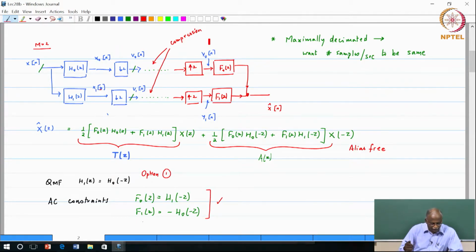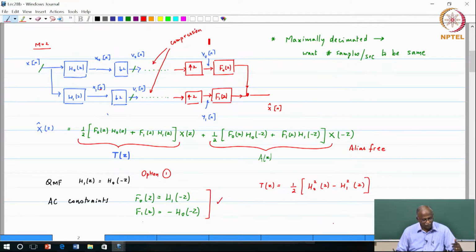So the QMF condition basically says that if you go with this QMF condition, let me just write it down here. With the QMF condition, what you will get is T of Z is equal to 1/2 of H0 squared of Z minus H1 squared of Z, okay.